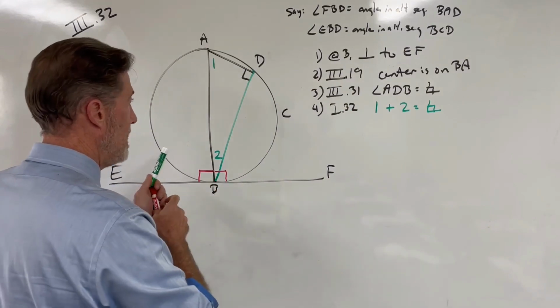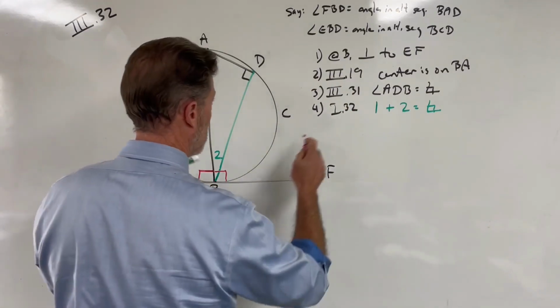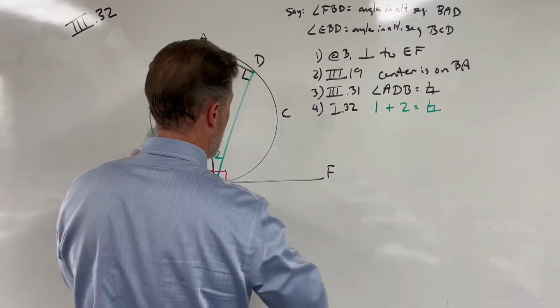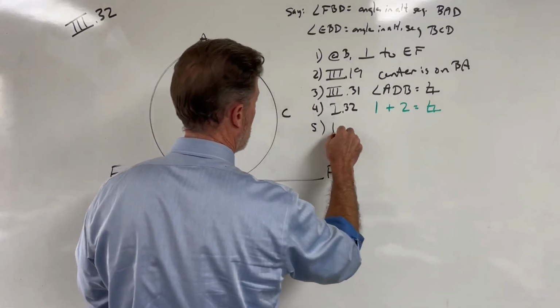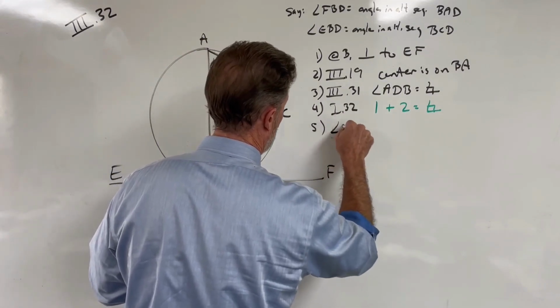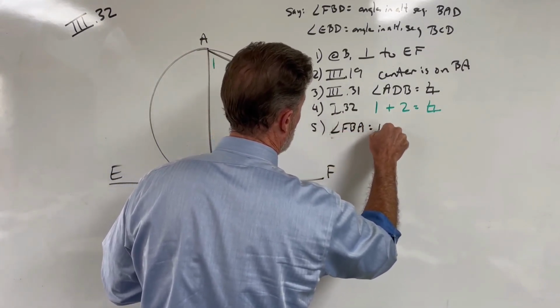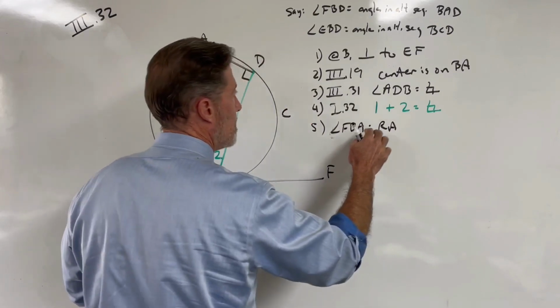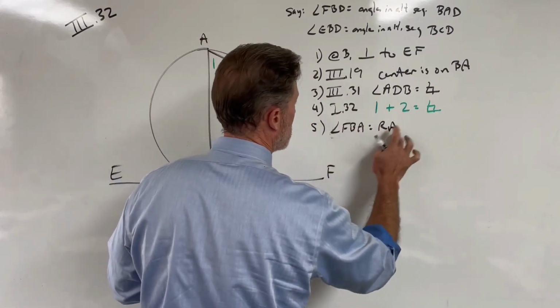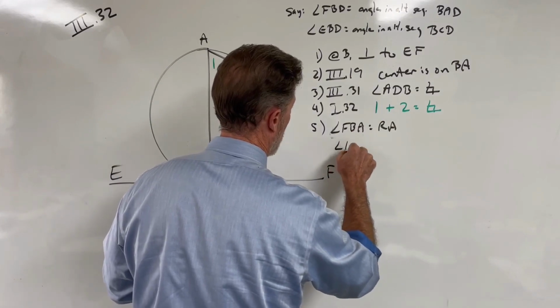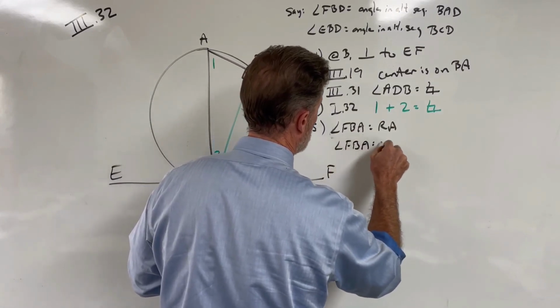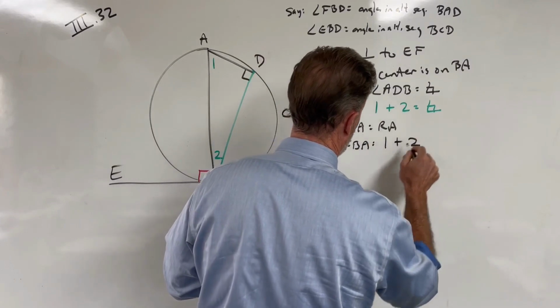And we know from down here that angle FBA is also a right angle. So since 1 and 2 are a right angle and FBA is a right angle, then angle FBA is equal to angle 1 plus angle 2.